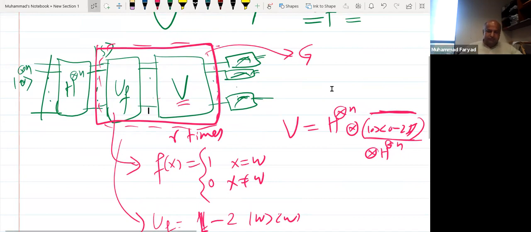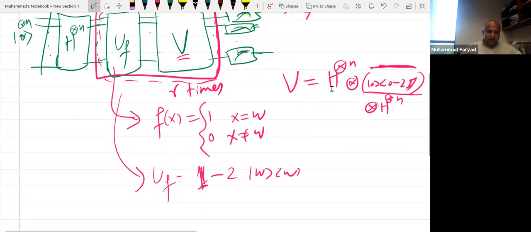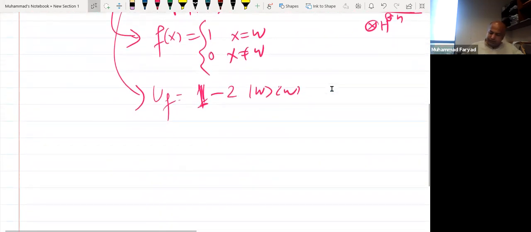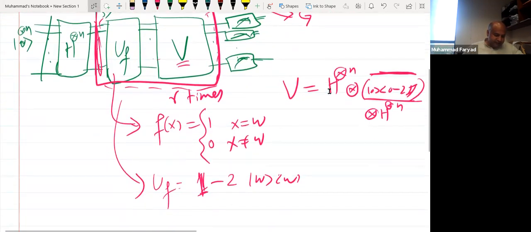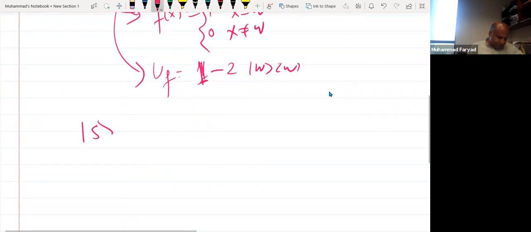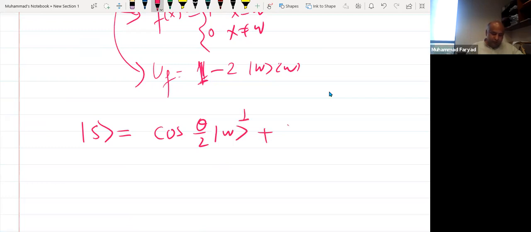But we can see it in this way as well, that the state of the system over here is S. And if you recall from the Grover algorithm, we were able to write it as cosine of some angle times W perpendicular plus sine of some angle times W, where I have changed notation a little bit.